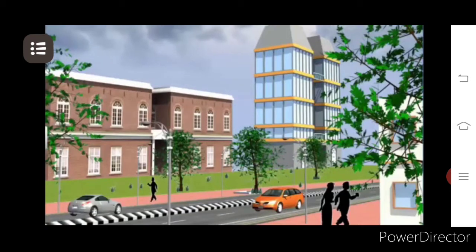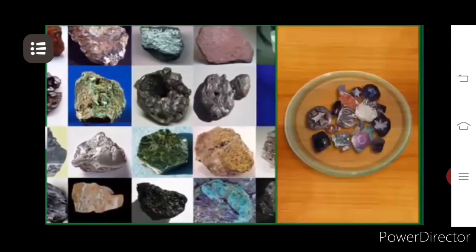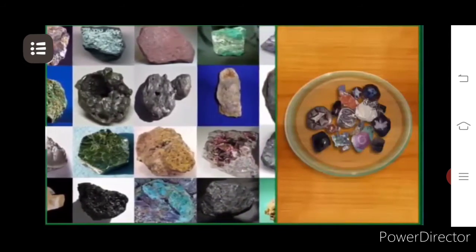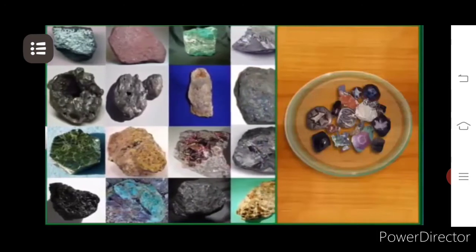All these materials come from substances called minerals, found embedded in rocks in the Earth's crust. Minerals are defined as naturally occurring, homogeneous substances that have a definite internal structure.